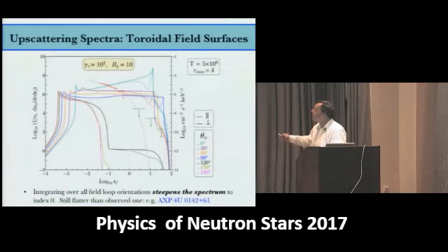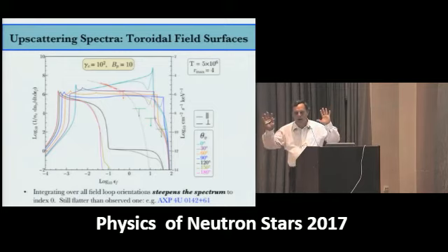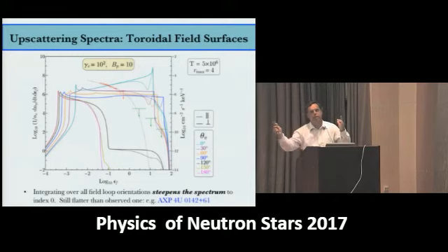Okay. Spectra are polarized. That speaks to the sorts of information that both Robertos were talking about. When we integrate over a whole bunch of field lines, let's pick a field line and say we have one value of the maximum radius. Then we take all the azimuthal angles as we add up around the magnetosphere. So what we've got is a toroidal field surface.